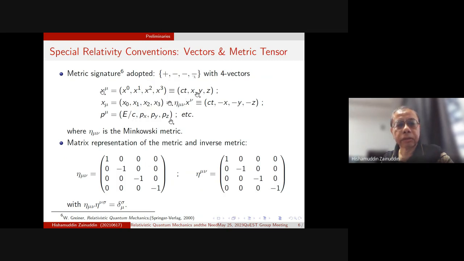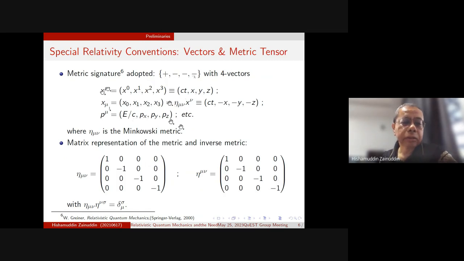Then your 1, 2, 3 will be your x, y, z. Because of the different signs for each component, you will find that your contravariant vector and your covariant vector are different. For your covariant vector, you have a minus sign for your 1, 2, 3 components.